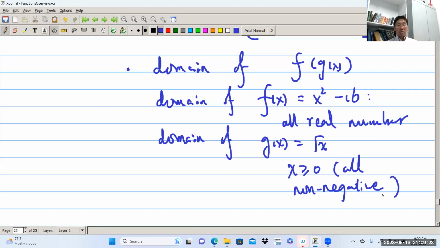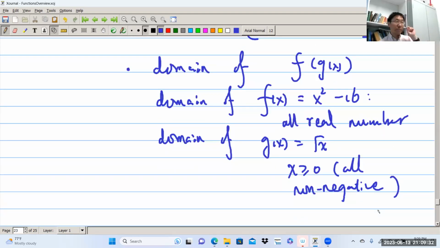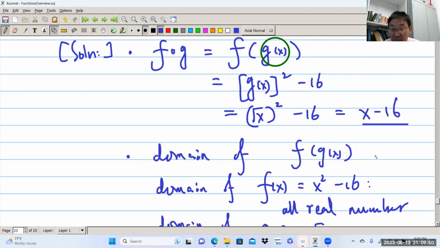Clear? Now, let me ask you, what's the domain of f of g of x? When you supply x, g must be happy first. Then g is happy, produces an output, then the output is supplied to f, making f happy. So what's the domain? Yeah, non-negative numbers. Not all the real numbers. Because if you look at the final form here, x minus 16, you say, oh, all real numbers.